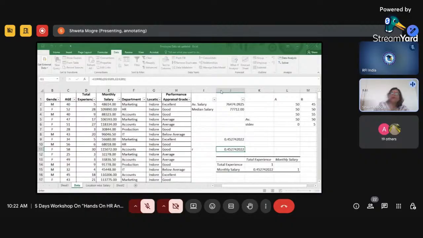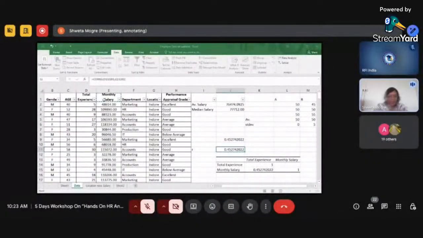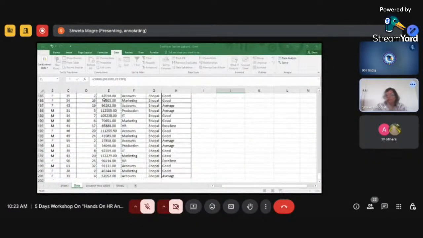Suppose I'm dealing with the same variables, total experience and monthly salary. With my past experience, I can say that every time salary will be dependent upon experience. So I select cell E1, monthly salary, in Y range, and Control Shift down arrow key.